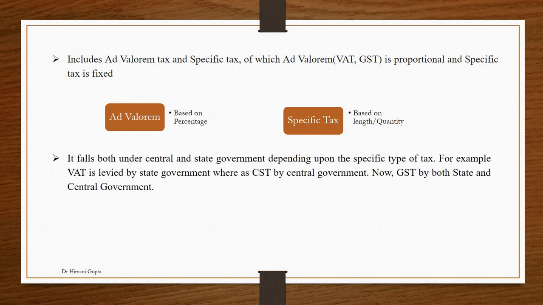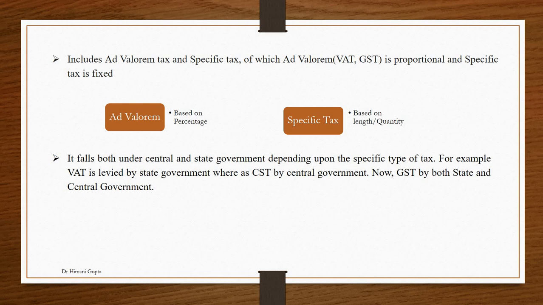Next is, it falls both under central and state government depending upon the specific type of tax. For example, VAT is levied by the state government, whereas CST is charged by the central government. But now GST is charged by both state and central government.